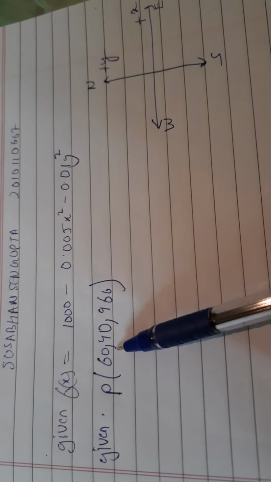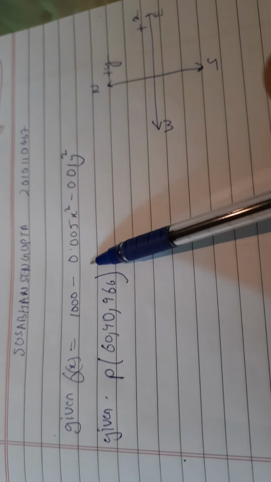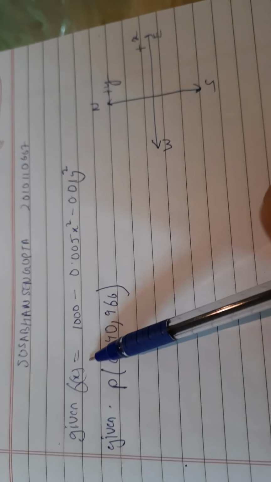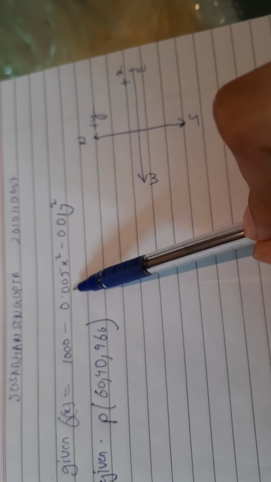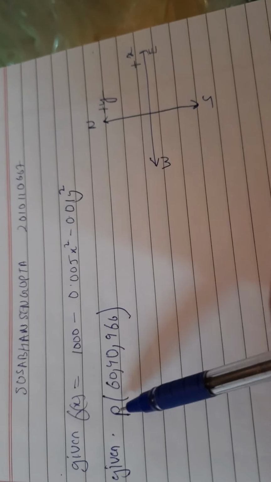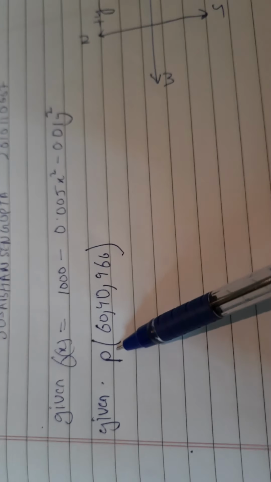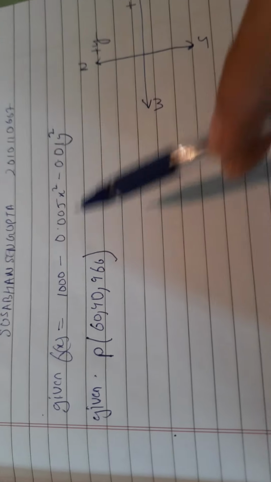So we have been given this question where we have to climb a wall. We are climbing a wall given by a function f of x, which is 1000 minus 0.005 x square minus 0.01 y square, from the point (60, 40, 99966).